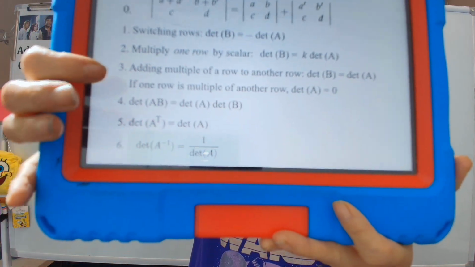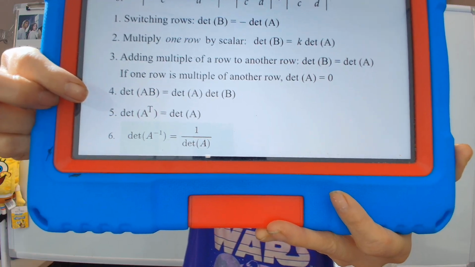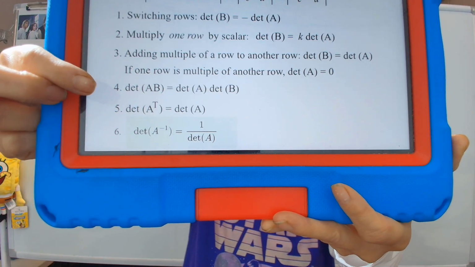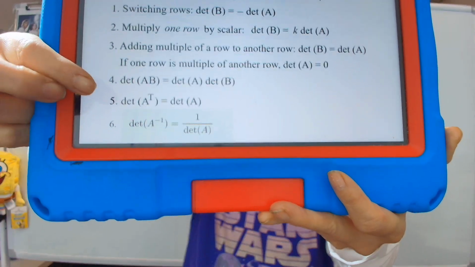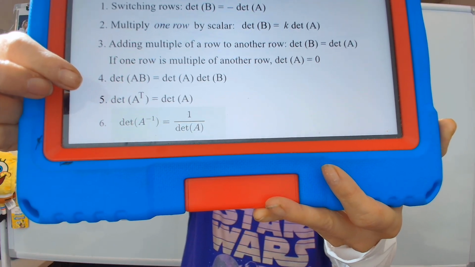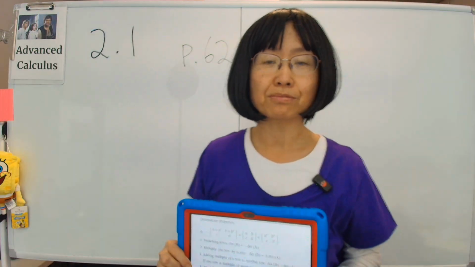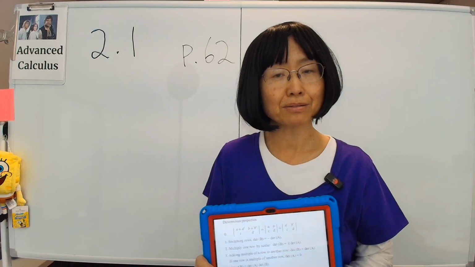Okay, and next, the determinant of A times B in matrix multiplication: the determinant of the product of your matrices is the same as multiplying the determinant of each one after you calculate them out. This is convenient sometimes when you have to multiply two determinants together. Then you can just do the matrix multiplication first.